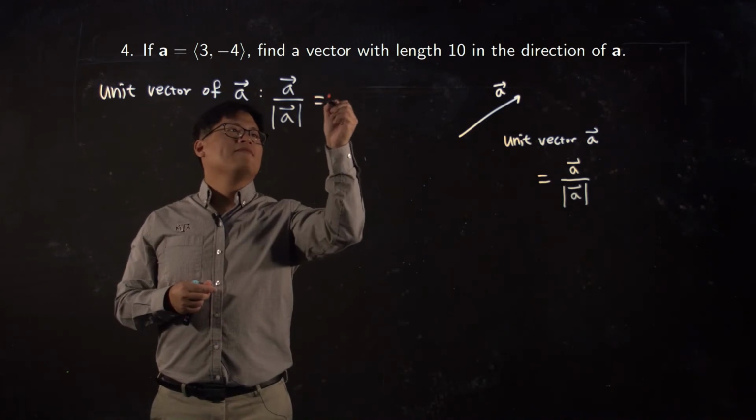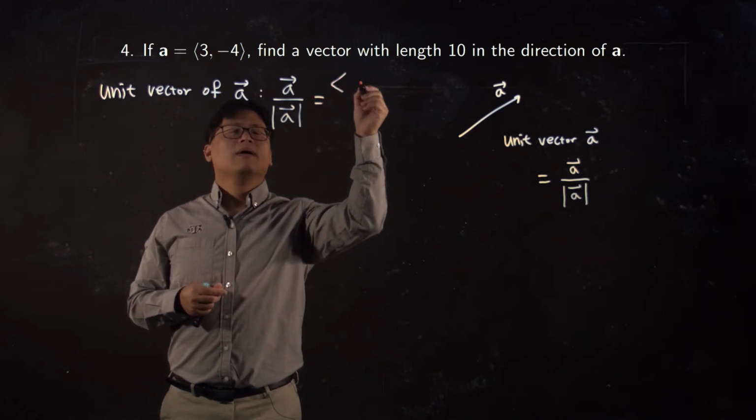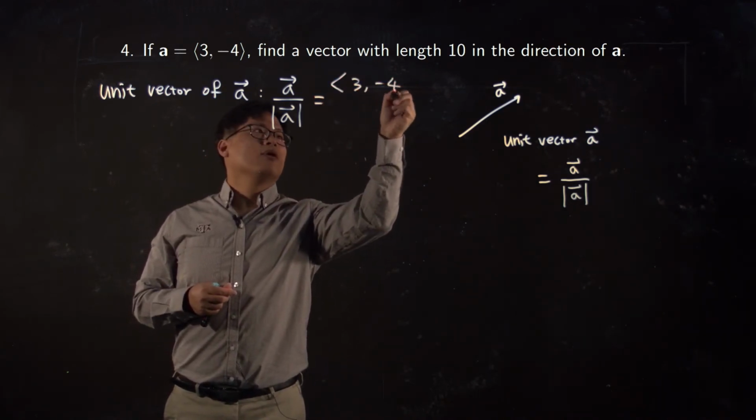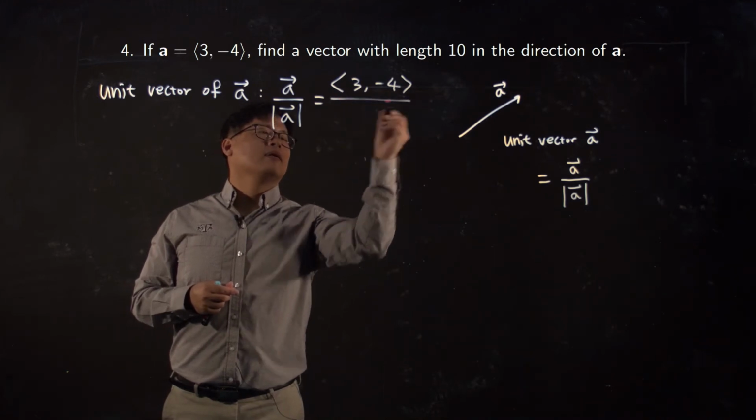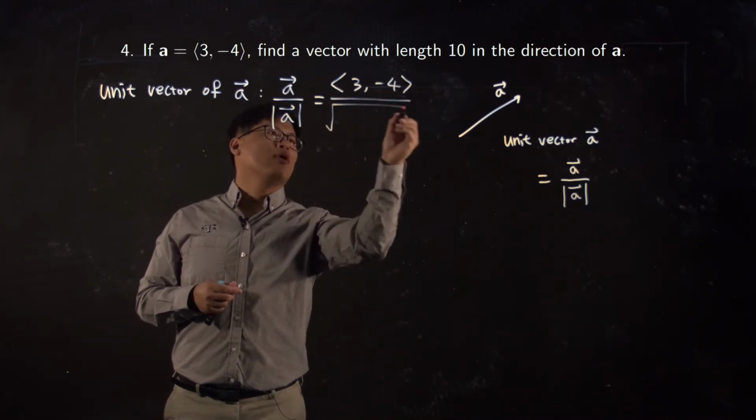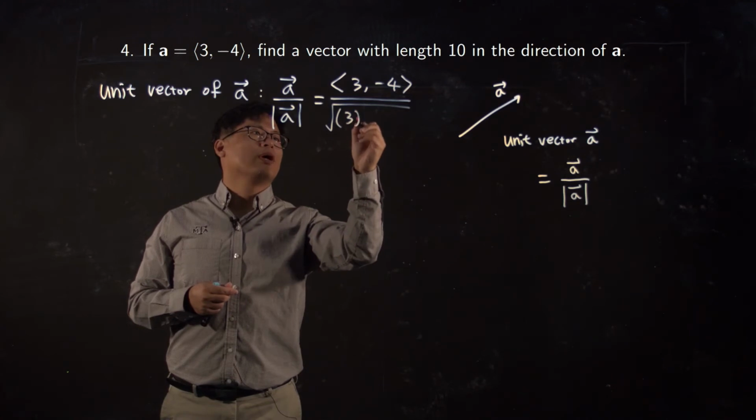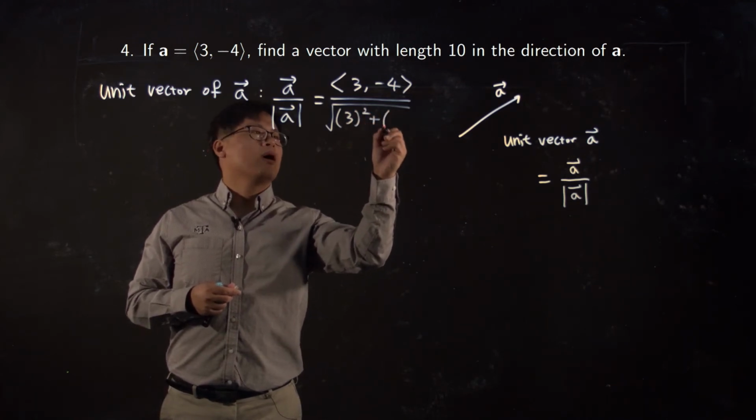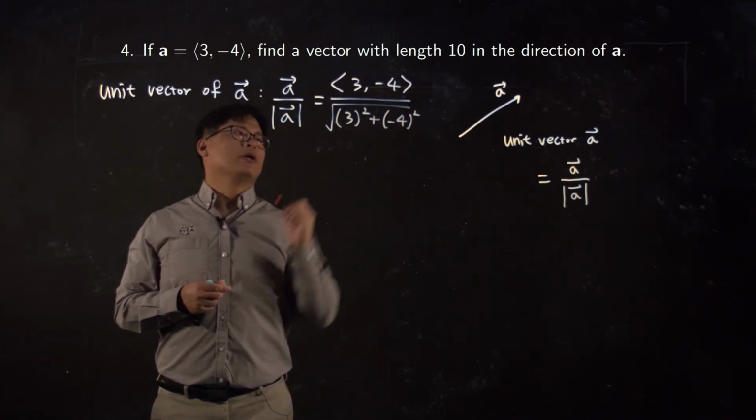So the given vector A is (3, negative 4). Then we know how we can calculate the length of this vector, right? It is the square root of the x component squared plus the y component squared, okay?